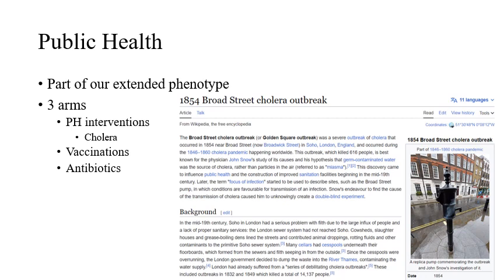So the most famous public health intervention actually involved cholera. And so this doctor known as John Snow basically was aware that there was a severe cholera outbreak in London. And so through disease tracking, he was able to isolate that most of the cholera was coming from a single pump on Broad Street, right?